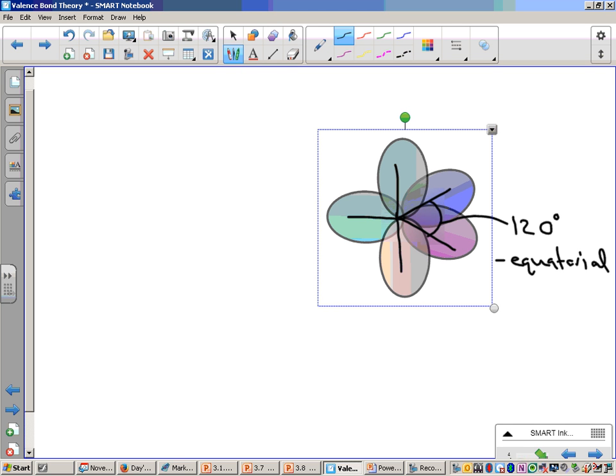And then we also have here 90 degrees between the polar orbitals and those equatorial orbitals, every one of them. So in this case, there's 90 degrees. All right? So the hybridization is sp3d.